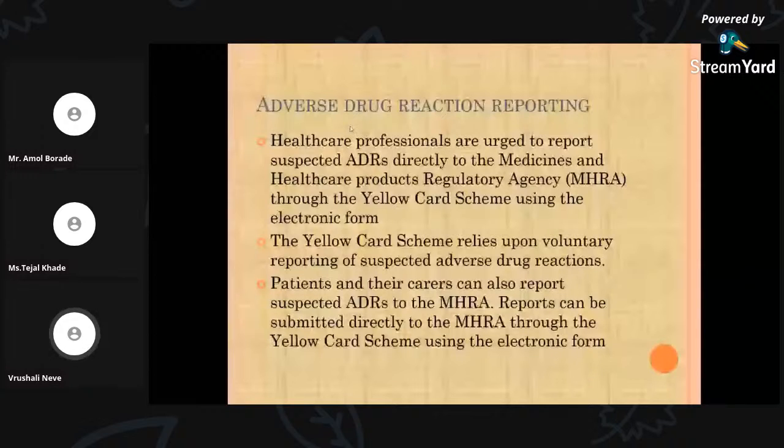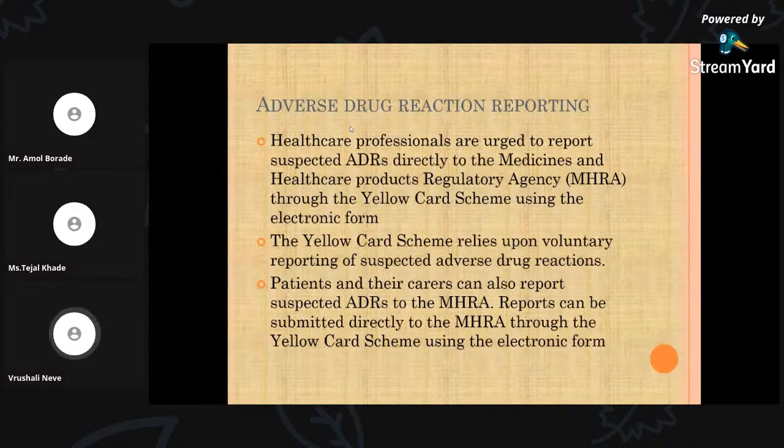The report can be submitted directly to MHRA through the yellow card scheme using the electronic form. So remember that in India, we use the yellow card scheme for reporting adverse drug reactions. In other countries, the same system is followed, but the color is different. Okay. So in India, by using the yellow card, we report the adverse drug reaction.